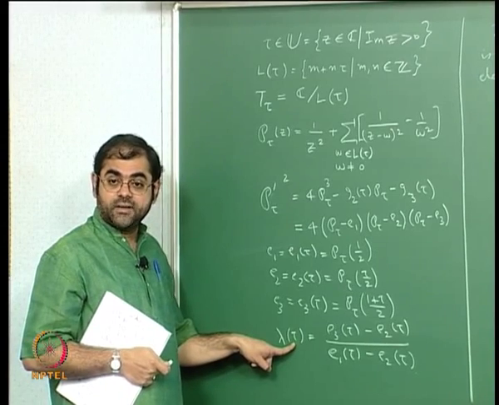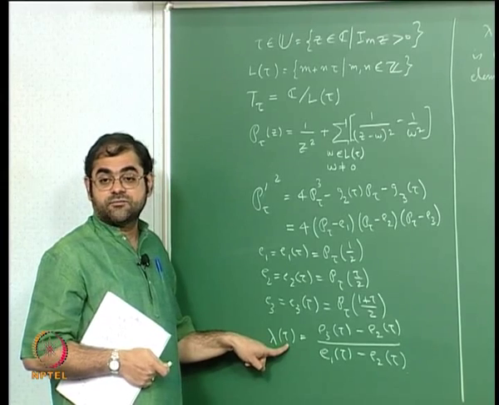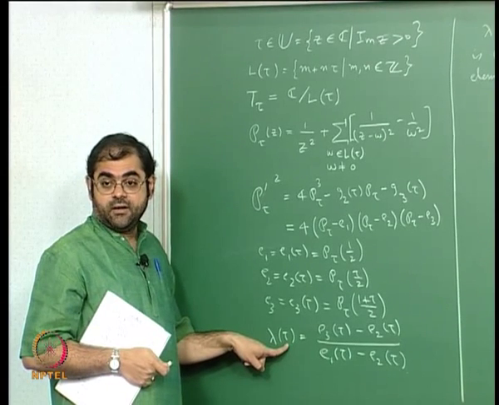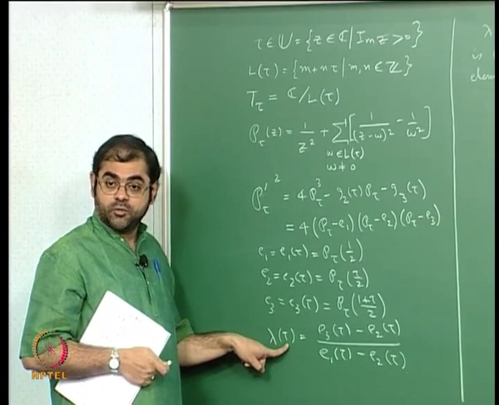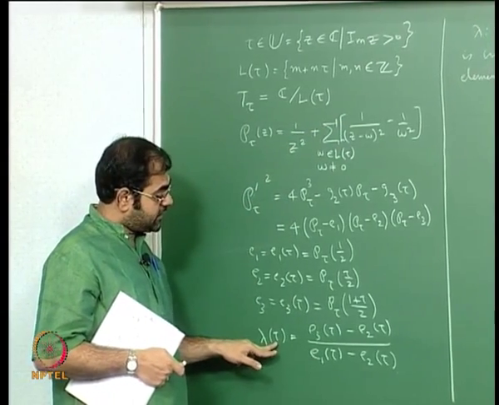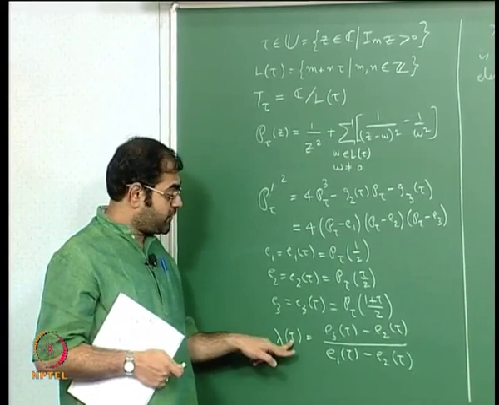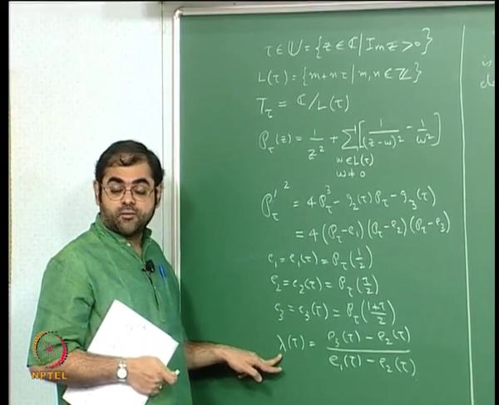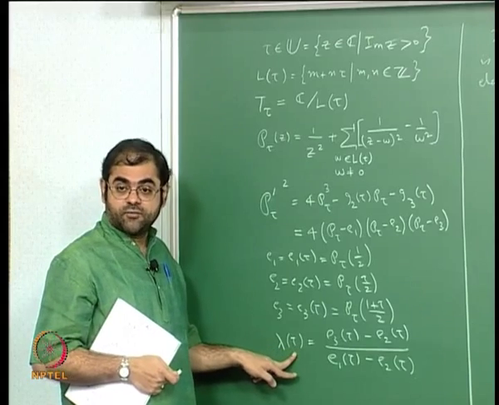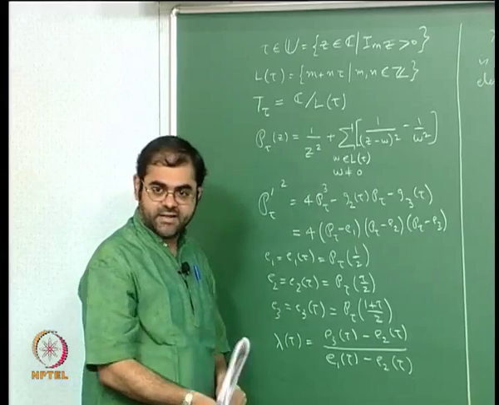It will no longer be lambda tau, unless that element is congruent to identity mod 2, which we have proved. So if you take a general unimodular element and apply it to tau, what is the effect? What is lambda evaluated on that? That's what we want to calculate, and it turns out that it can be done in a very nice way.